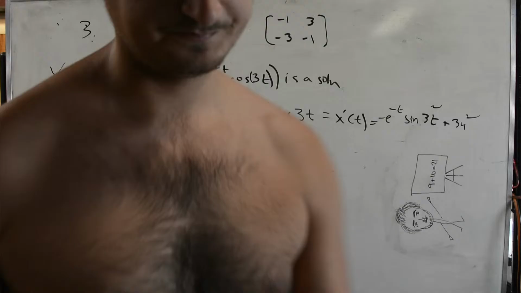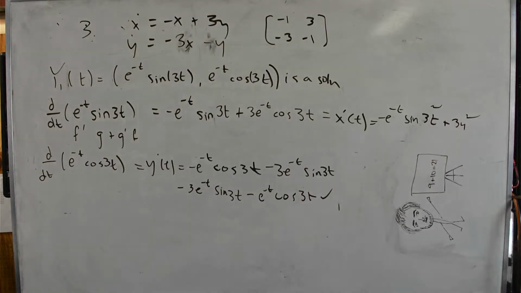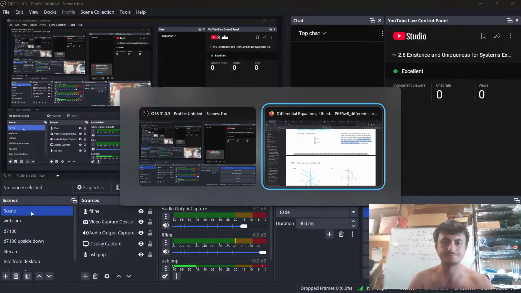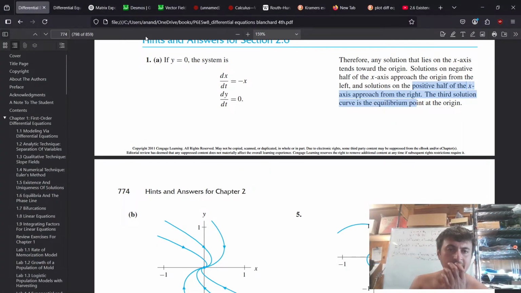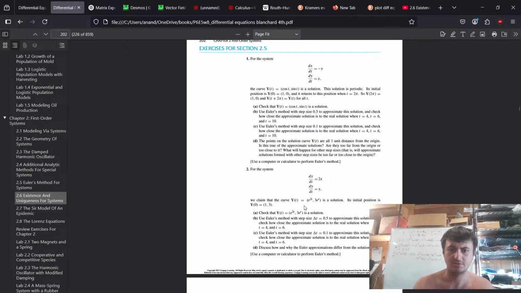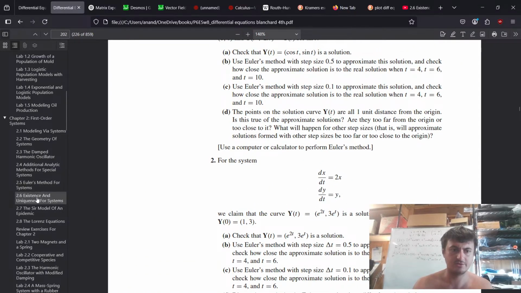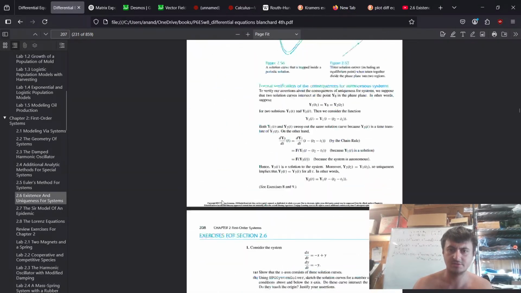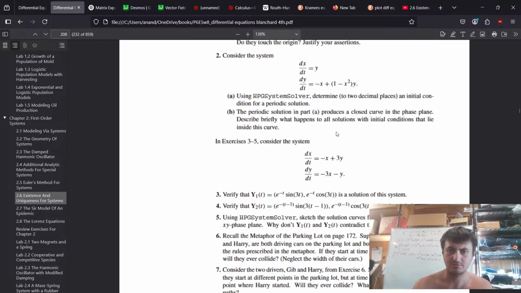Let's look at the vector field just real quick, just to see what the heck is going on here. Oh boy. So let's just do this. And we're on existence and uniqueness.